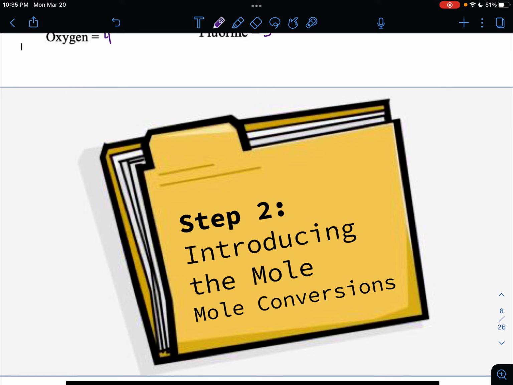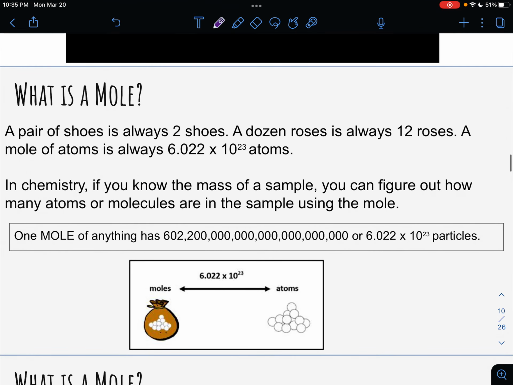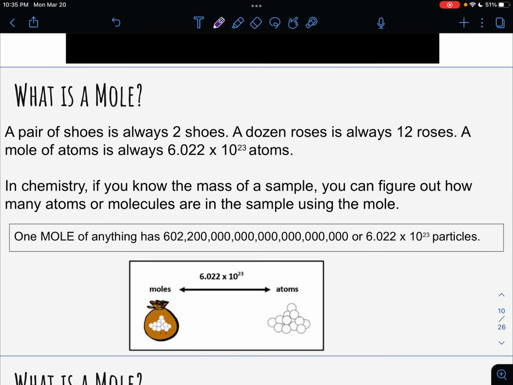Okay. So when we're talking about the mole, it's really just a term that we use to tell us the number of something. Just like we say a pair of shoes is 2 shoes, a dozen roses is 12 roses.